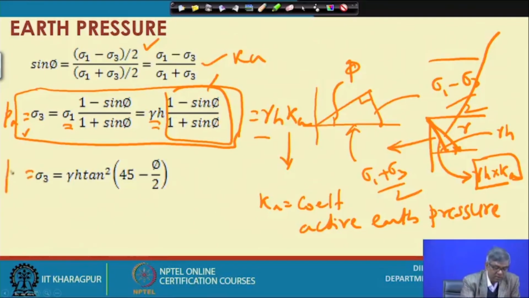This can also be written as Pa, active earth pressure, equal to gamma h tan square of 45 degrees minus phi by 2. So 1 minus sin phi by 1 plus sin phi equals tan square 45 degrees minus phi by 2. That is also one way.